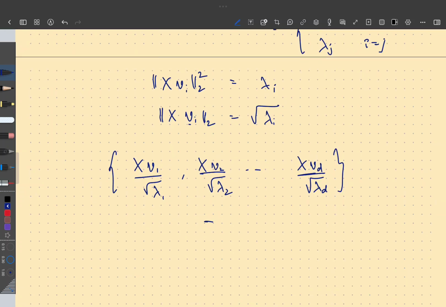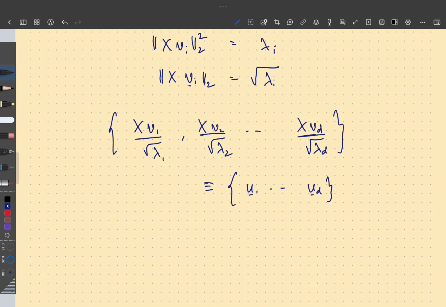This is basically the same as U1 up to Ud. So I can get U1 up to Ud by taking an eigen decomposition of the Gram matrix X transpose X, keeping only the top d eigenvalues and eigenvectors, and then computing X V1 by root lambda 1, X V2 by root lambda 2, up to X Vd by root lambda d.